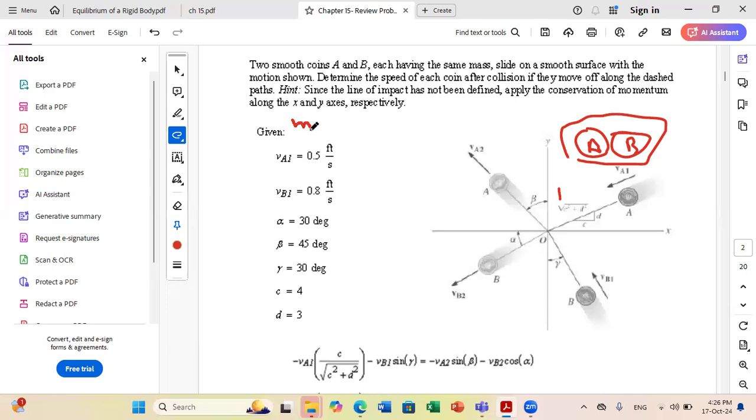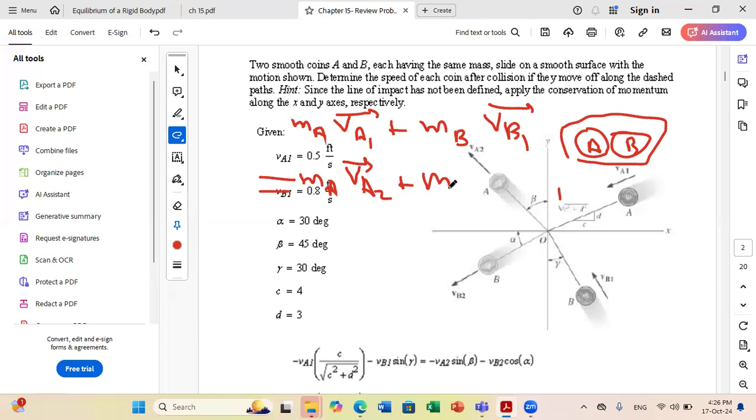That is, MA times vector VA at state 1 plus MB times vector VB at state 1 equals MA times vector VA at state 2 plus MB times vector VB at state 2.